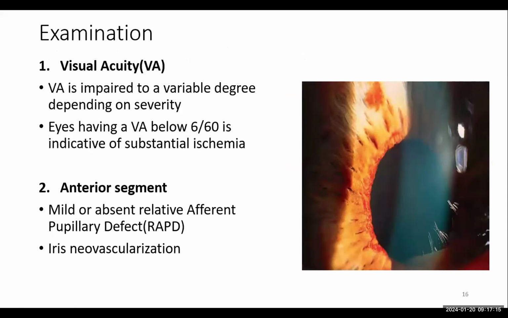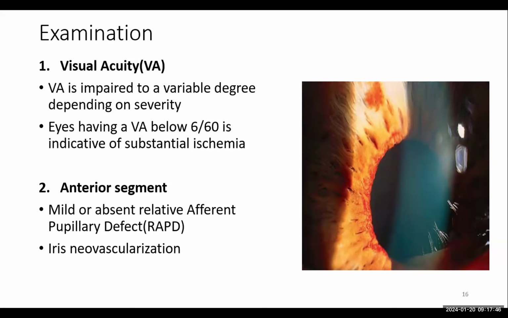Usually for non-ischemic central retinal vein occlusion, the visual acuity is variably impaired, but not as severe as in the ischemic type. The visual acuity in non-ischemic is usually 6/60 or better.